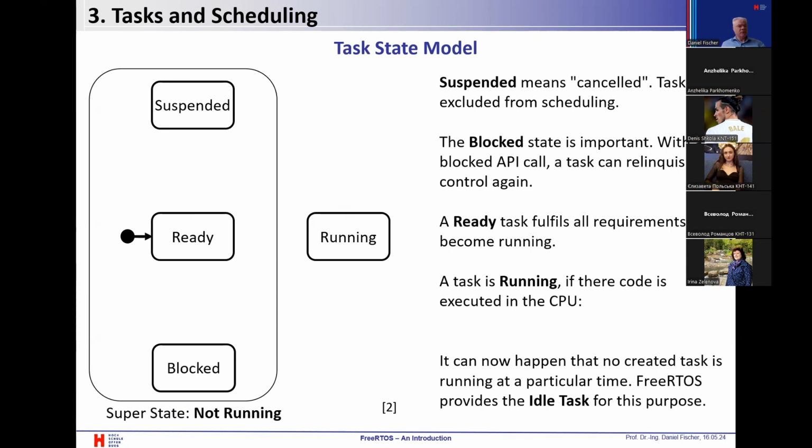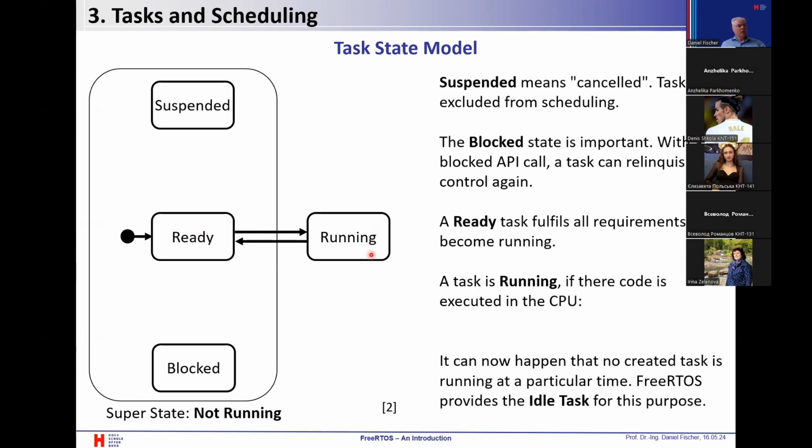Let's start with ready and running. A task can be ready. That means there's no limitation, the task is not waiting for something. Then it's ready, and if the scheduler decides to execute the task, it becomes running.